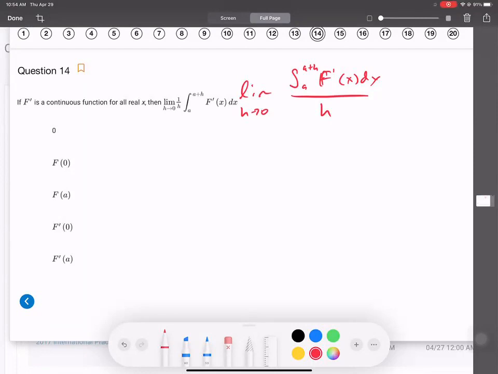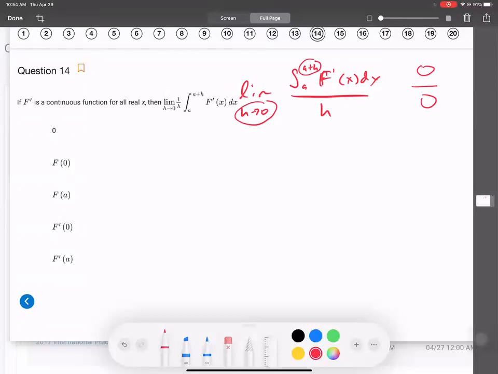Like if h is 0, isn't this pretty much 0 on top and then 0 on bottom? 0, 0. Okay. So if it's 0 over 0, we have a trick to try to solve this.